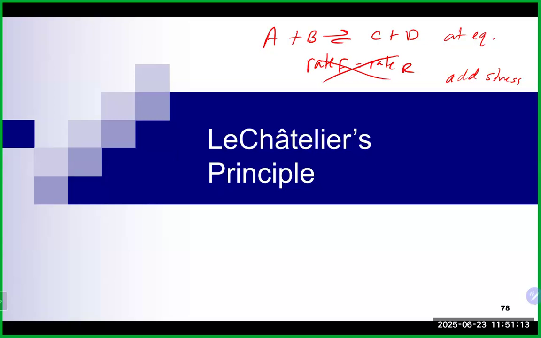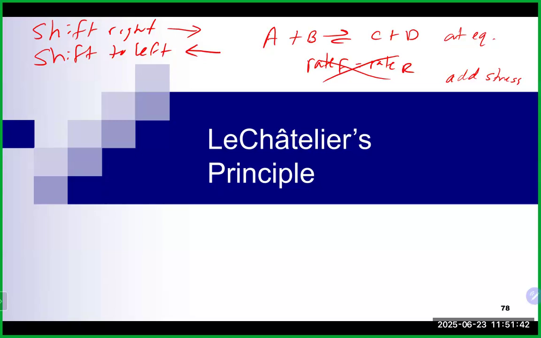So what will happen in a situation like this is, if you have a system that's in equilibrium and you do something to really mess it up, it's going to cause the reaction to do one of three things. It may shift to the right, which means it would need to make more products. It may shift to the left, which means it would need to make more reactants.